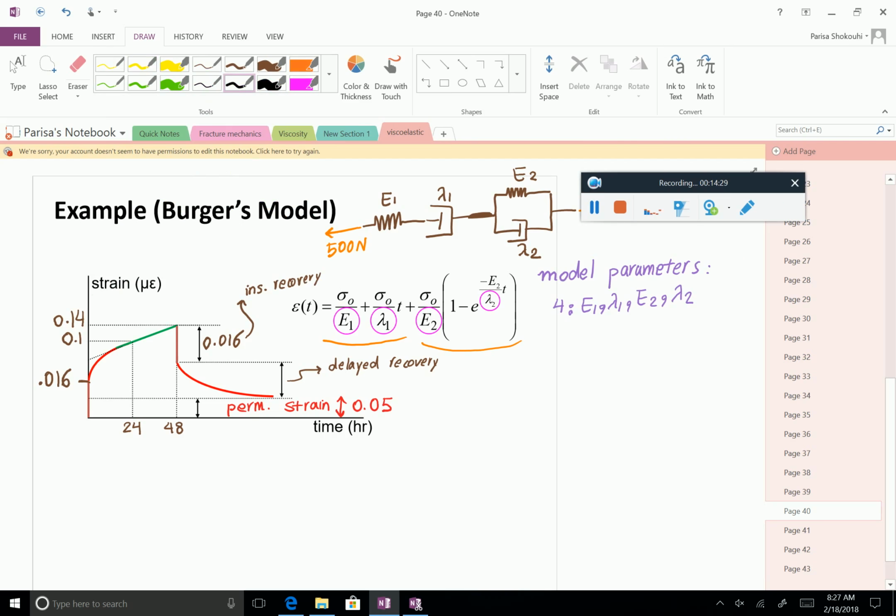Let's see. If you want to find E1, just like before, we should look at instantaneous deformation or strain.